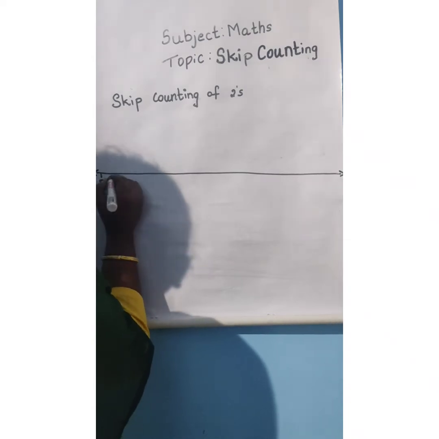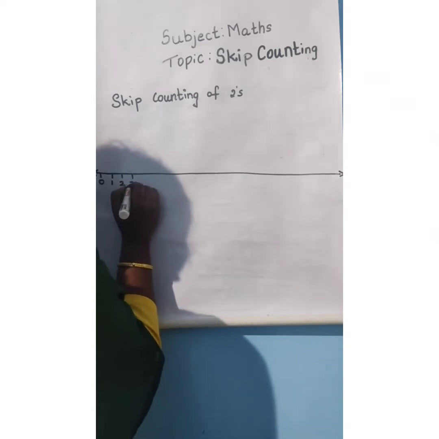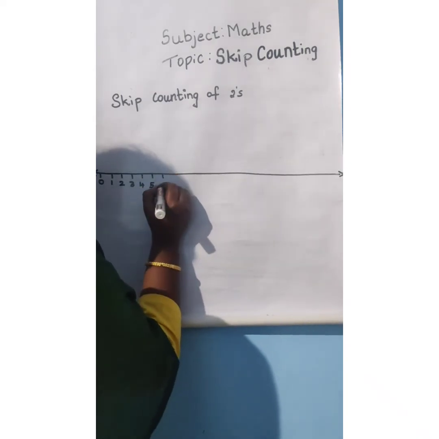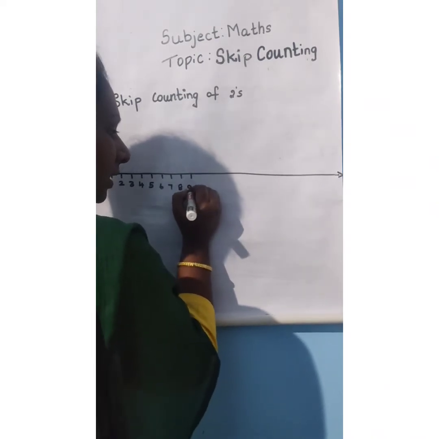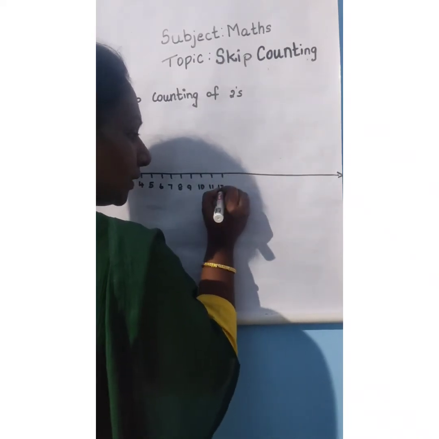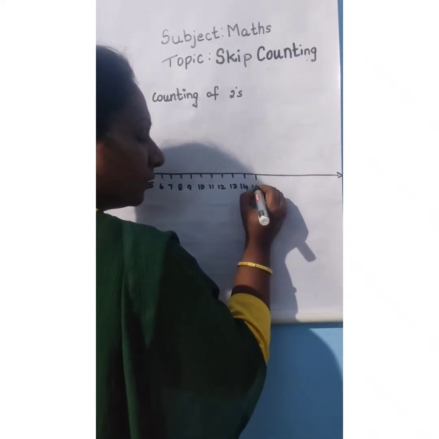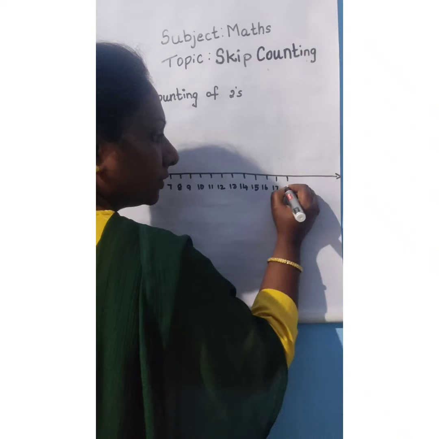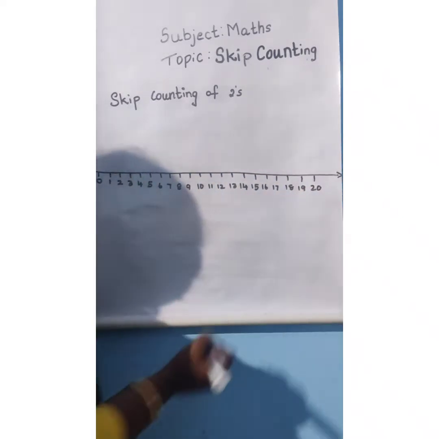Start from 0 and leave the same space. 1, 2, 3, 4, 5, 6, 7, 8, 9, 10, 11, 12, 13, 14, 15, 16, 17, 18, 19, 20. So you have 20 numbers.